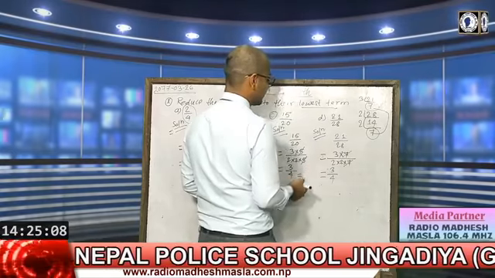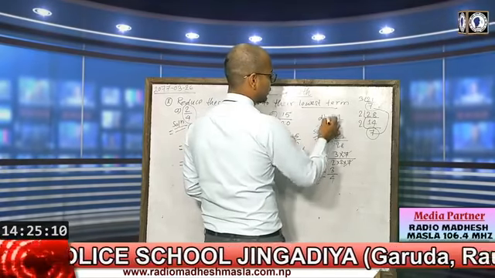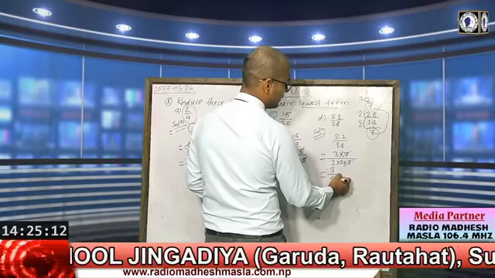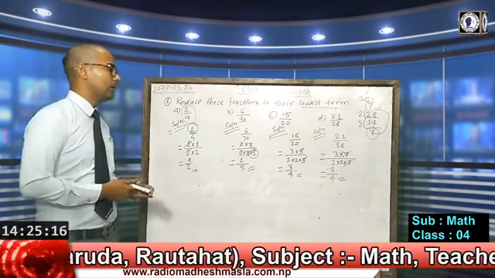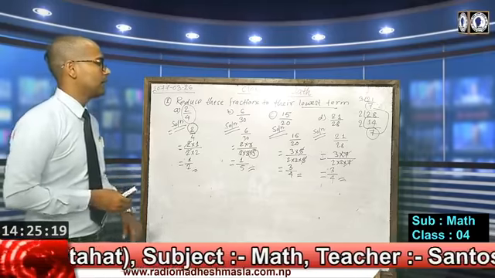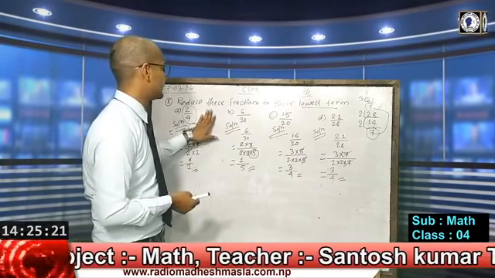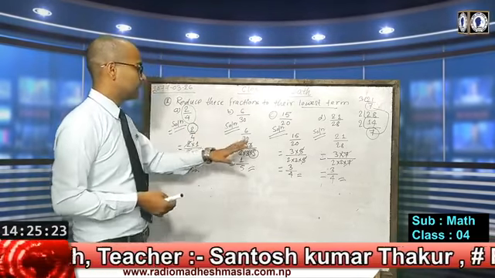So the lowest term of the fraction 21 by 28 is 3 by 4. We can find the lowest term of the given fractions by using this type of method.